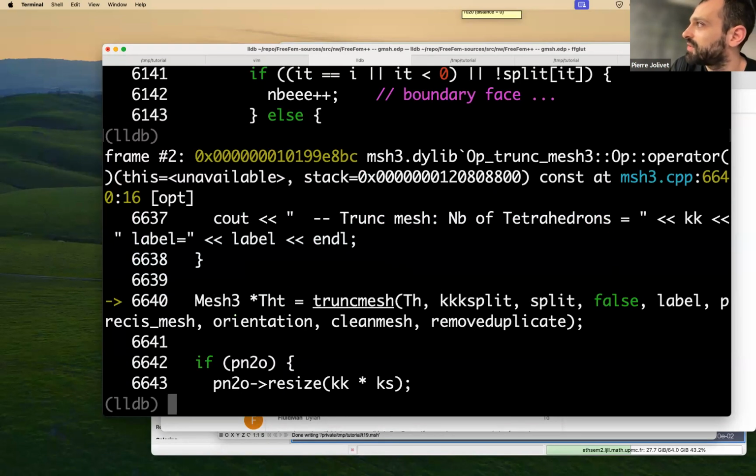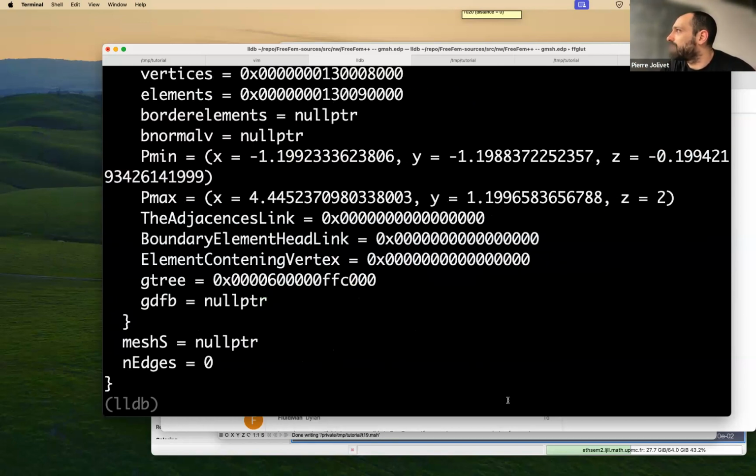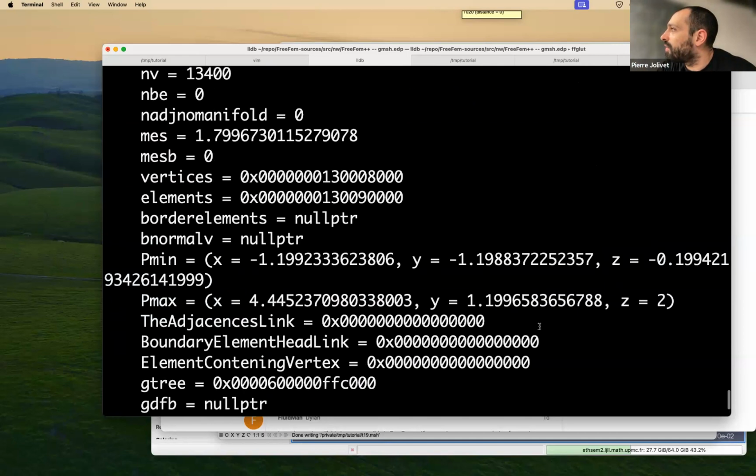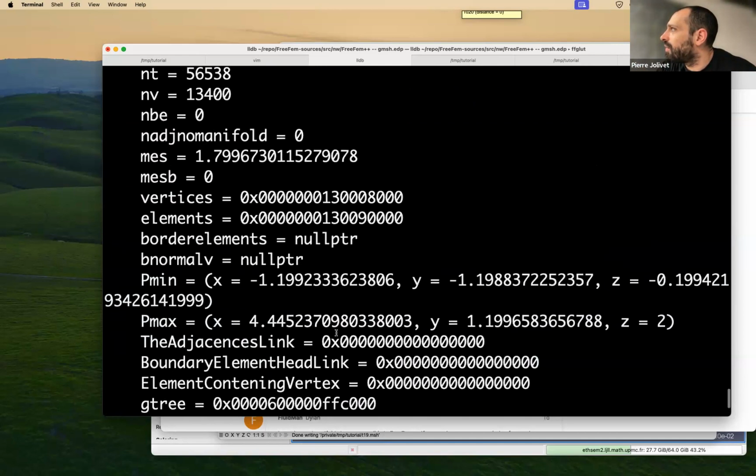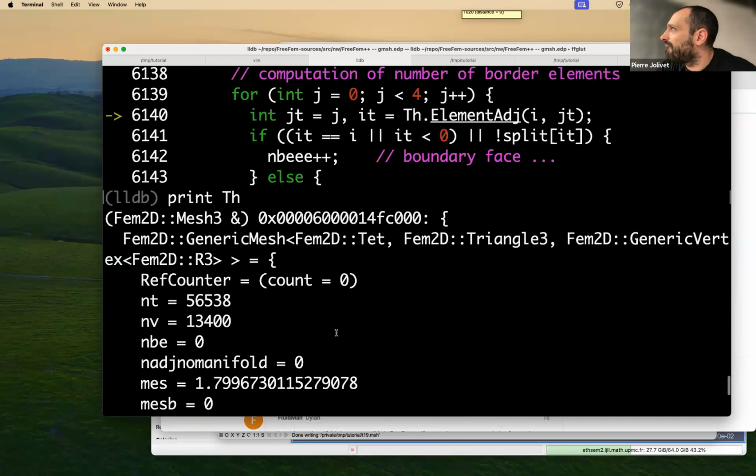So there is something definitely wrong with the mesh, but that's for next year, I guess. Many null pointers.